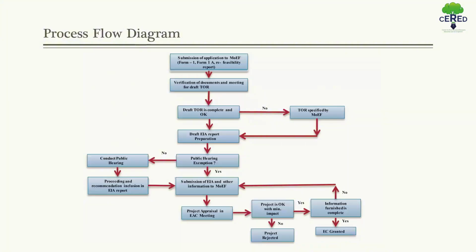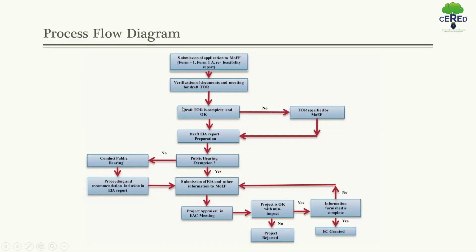Now, as we see the process flow diagram, it is everything we have covered so far. It shows how a project moves from submission of application to MOEF, Form 1, Form 1A, and the pre-feasibility report, and from there, verification of documents and meeting for draft TOR.